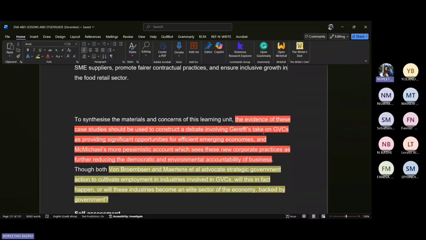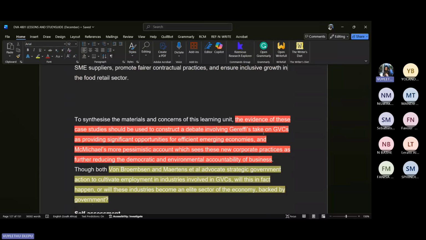Okay, sorry, I have to reread. To synthesize the materials and concerns of this learning unit, the evidence of these case studies should be used to construct a debate involving Garefi's take on GVCs as providing significant opportunities for efficient emerging economies, and McMichael's more pessimistic account, which sees these new corporate practices as further reducing the democratic and environmental accountability of business.